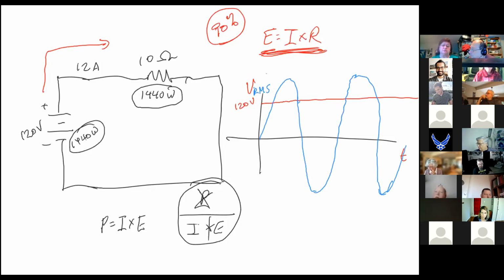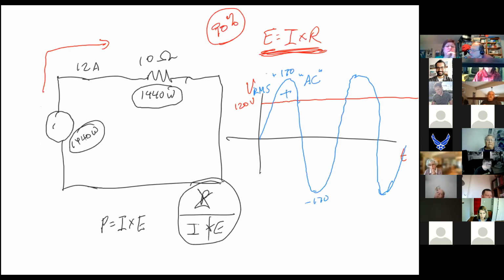So, if you remember right, this was a voltage that peaked at plus 170 and went all the way down to minus 170. That was an AC sine wave. This is alternating current. We're going to remove this here and replace it with something that looks like this, which is a sine wave.